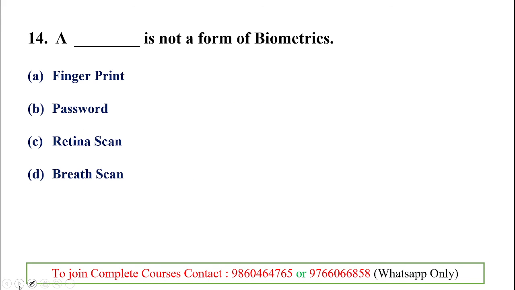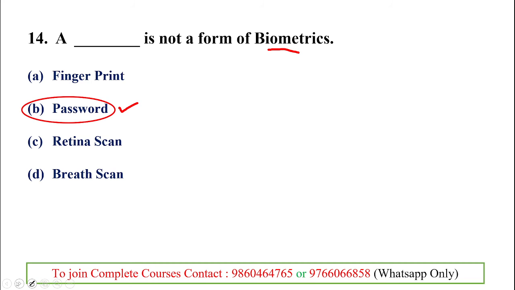Okay. Then, which of these is not a form of biometrics? The one that is not related to biometrics is the password. Why is the password not a form of biometrics?